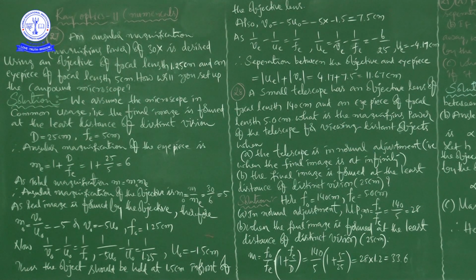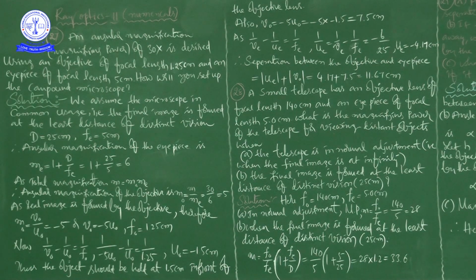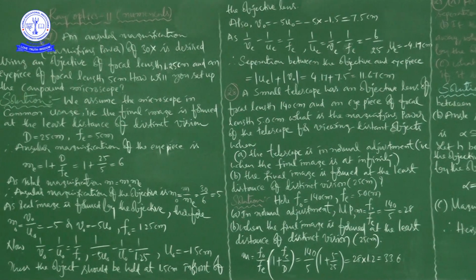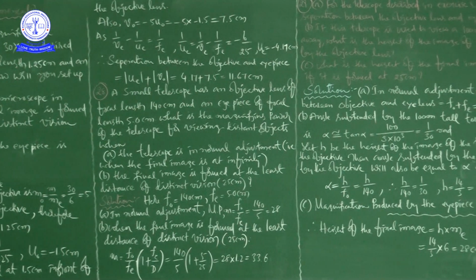Also, V naught is equal to minus 5 U naught, so if you know the U naught value, you can find V naught by multiplying with minus 5. So minus 5 into minus 1.5, minus into minus is plus, so finally V naught is 7.5 centimeters.